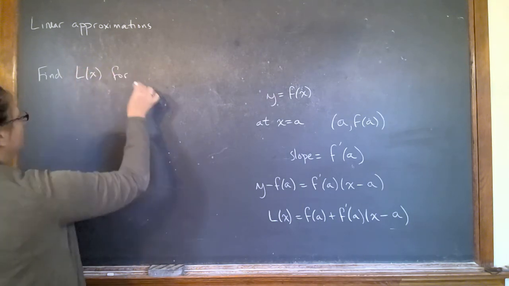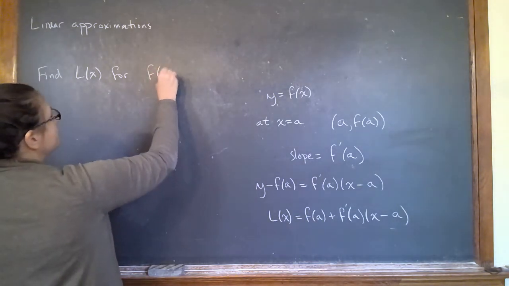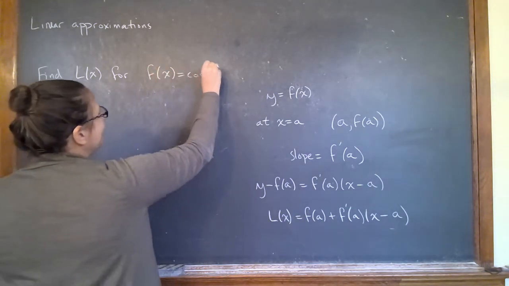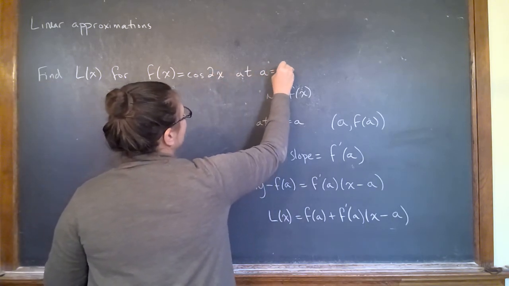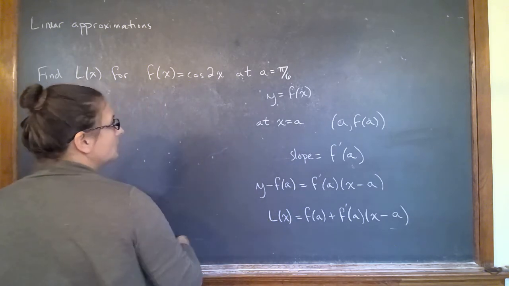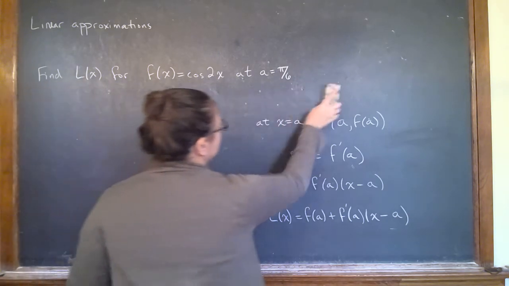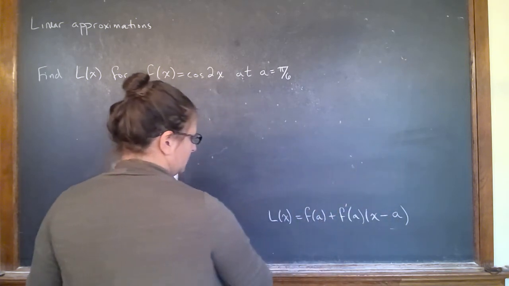So, to give you some function, I chose cosine of 2x at the point a equals pi over 6. Let me get rid of this. I'm going to leave the equation up because we're going to use that.